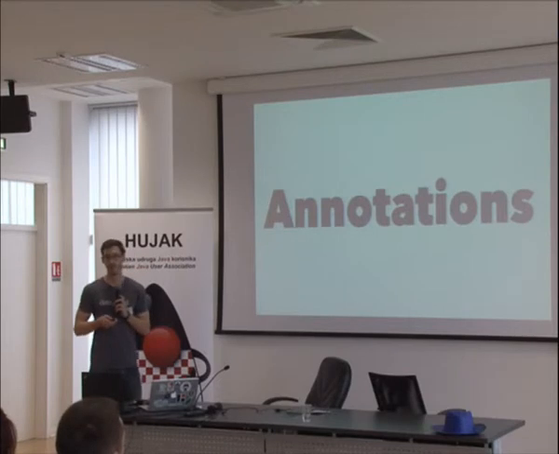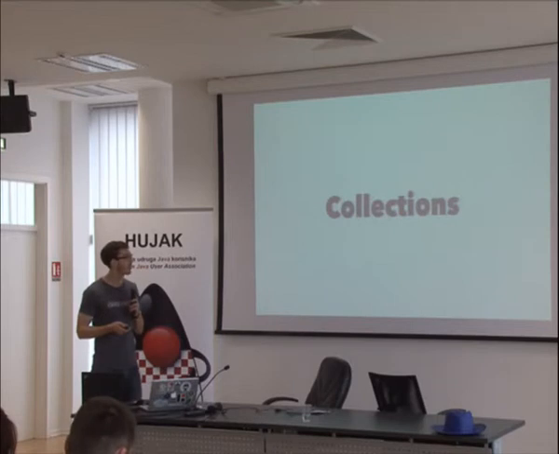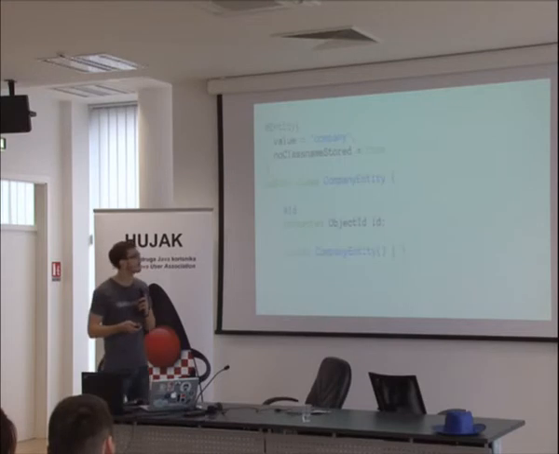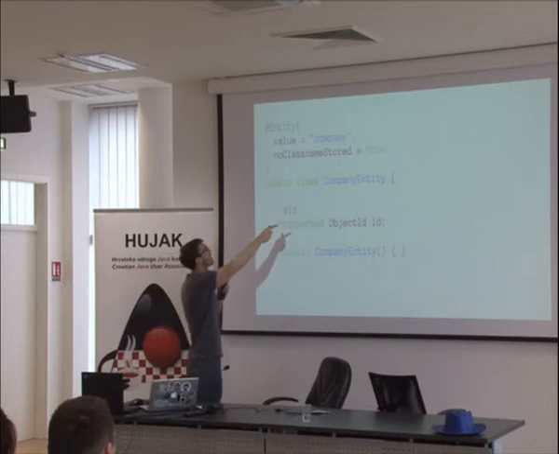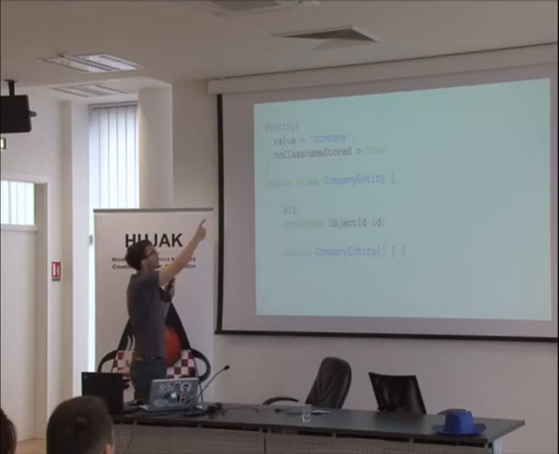So when we think about JPA, we're mostly thinking about annotations. How do they look? If I want to add a collection or table in the relational world, we would have our class, which is a company in that example, and we say we want the entity to have the name, or the collection name, company in the database, and we don't want to store the actual class name because we don't need it in that example in the database.